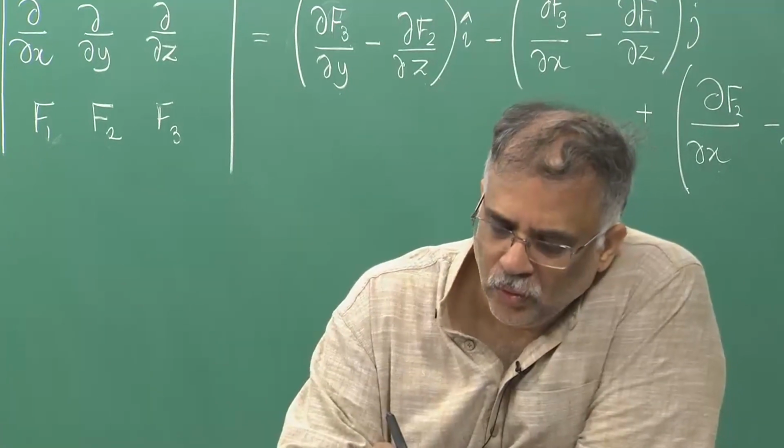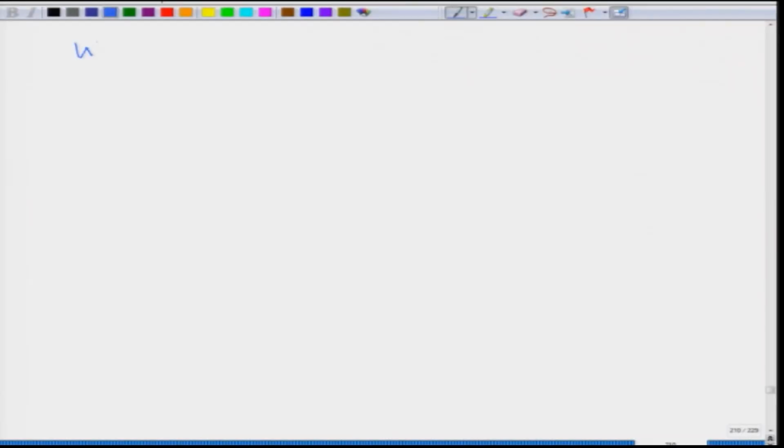So, we consider a surface S which is the graph of z equal to f(x,y).